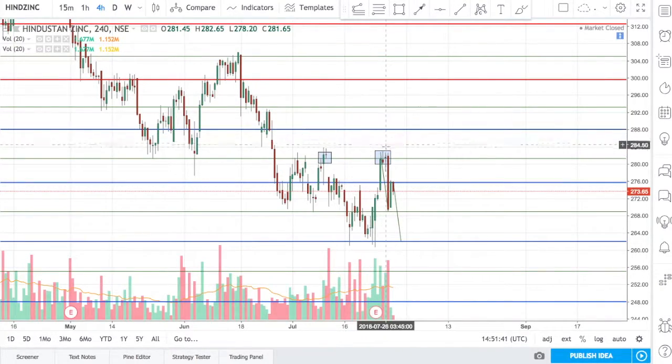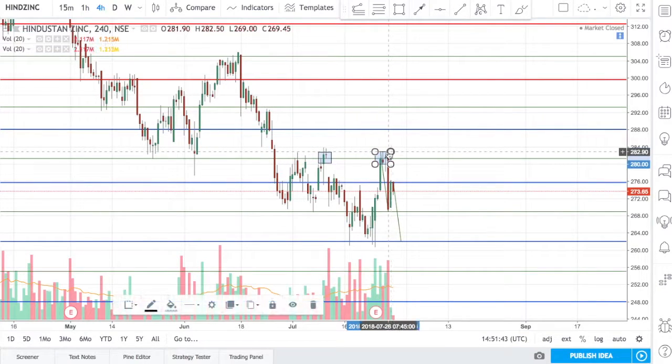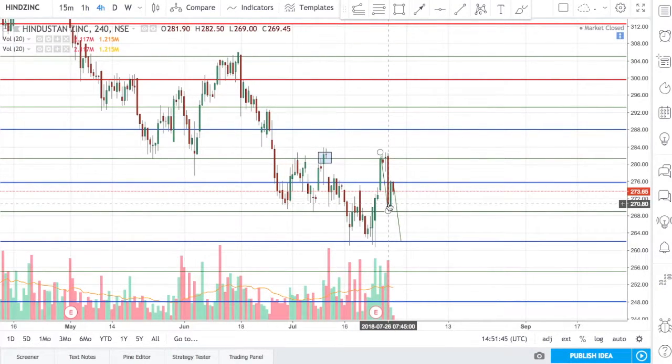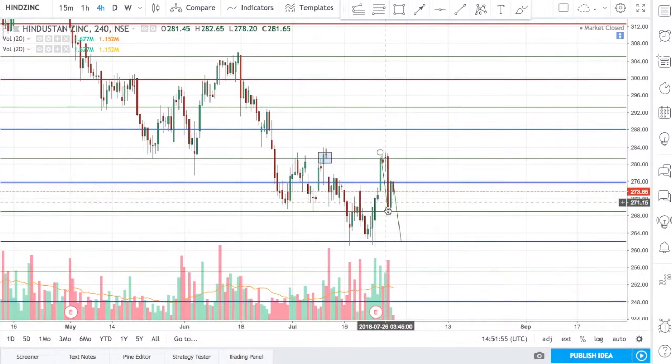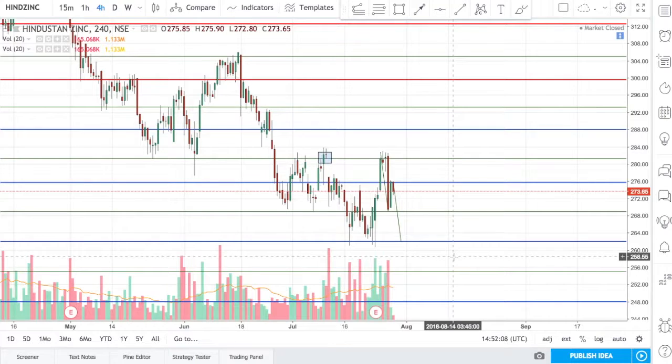Third, this bearish candle here has engulfed the 4 preceding candles with heavy volumes. This bearish candle here has engulfed 1, 2, 3 and 4 candles with heavy volumes. So that is our third supporting factor.